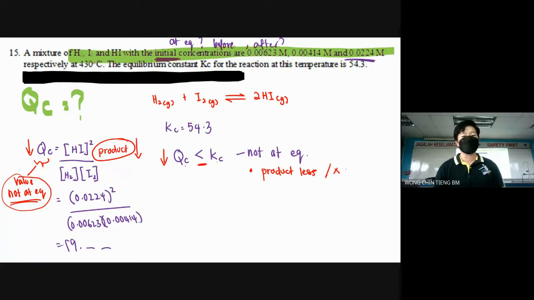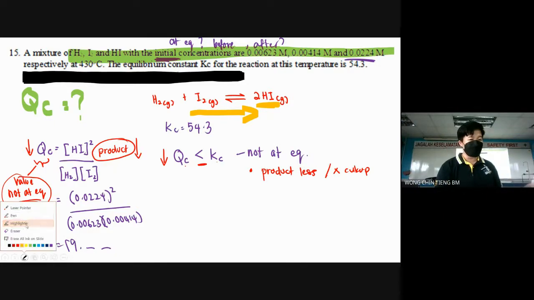In plain words, the product is not enough. So the reaction has already started in the beaker, but it can't stop yet and hasn't reached equilibrium because my product is not enough. When the product is not enough, what do we do? We need more product. So we shift to a direction where we can produce more product, because that is my product. When we move to that side, we produce it. Always remember, when I move to that side, I actually produce it, and I need more product.